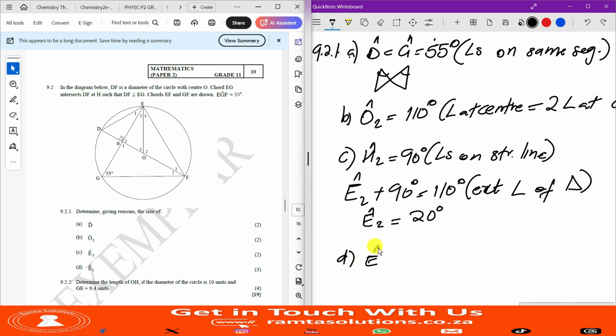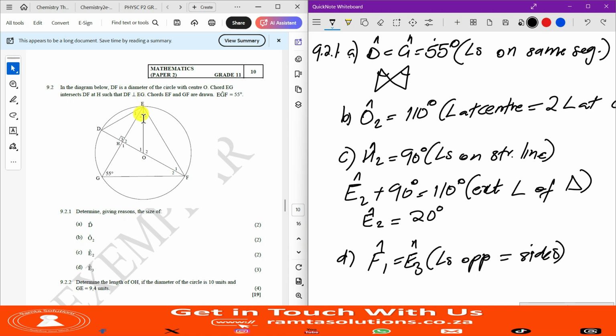But I can say to you, before I proceed, angle F1 is equal to angle E3. Why? These are angles opposite equal sides. O1 is a radius, OF is a radius, and the radii of a circle are the same.